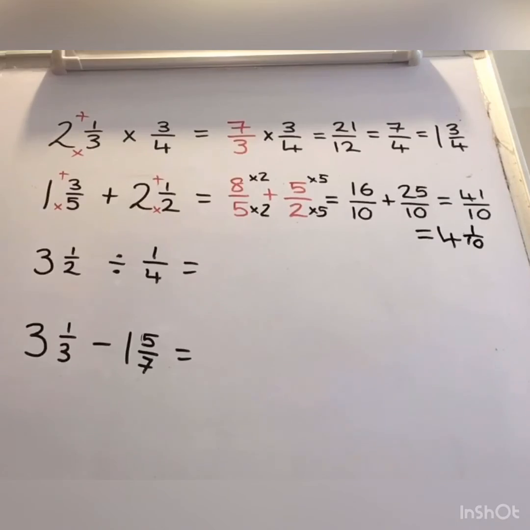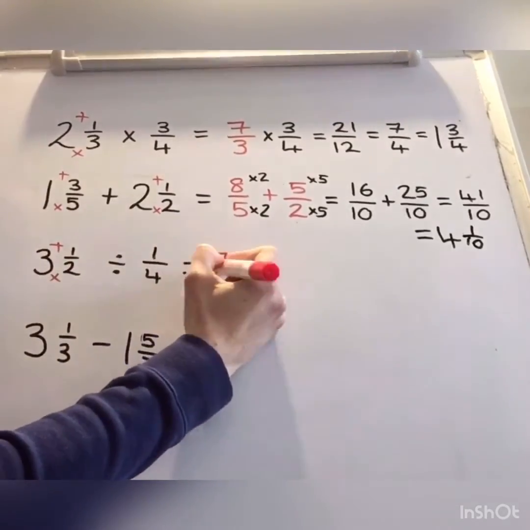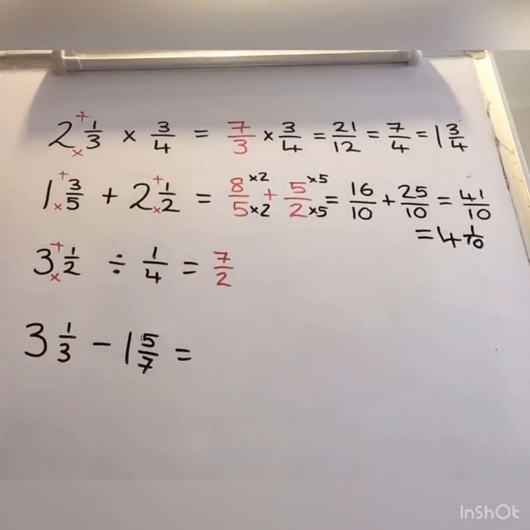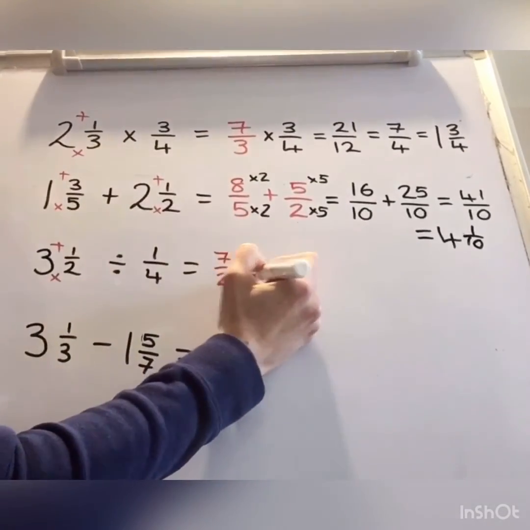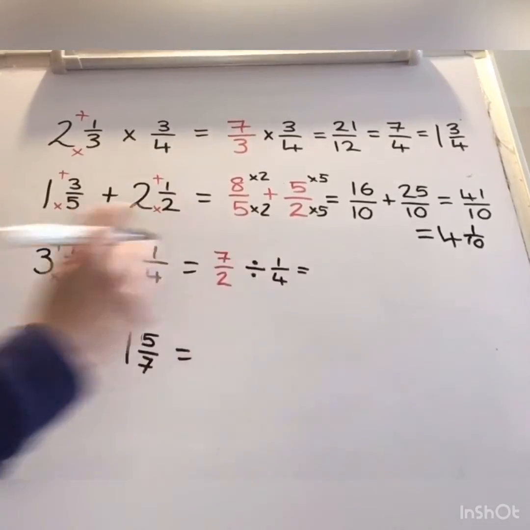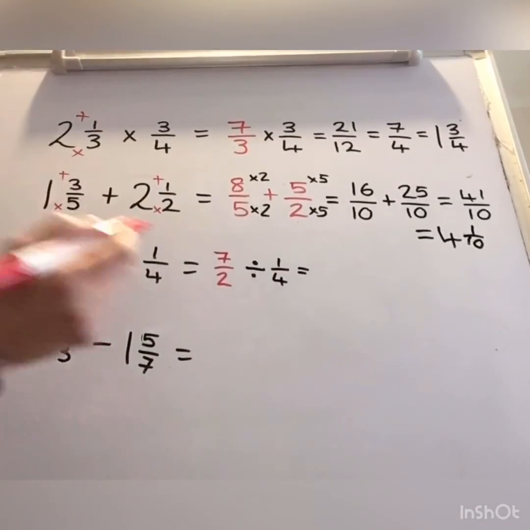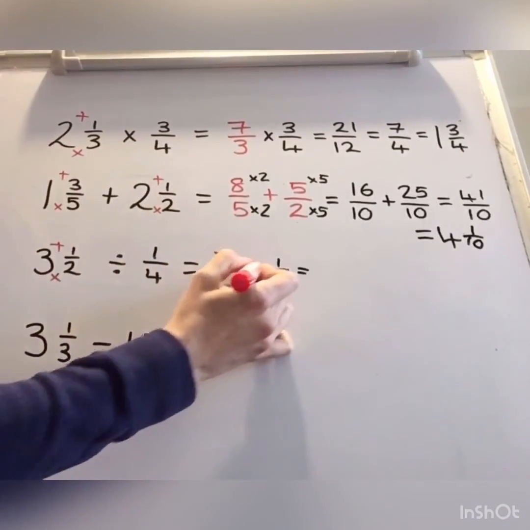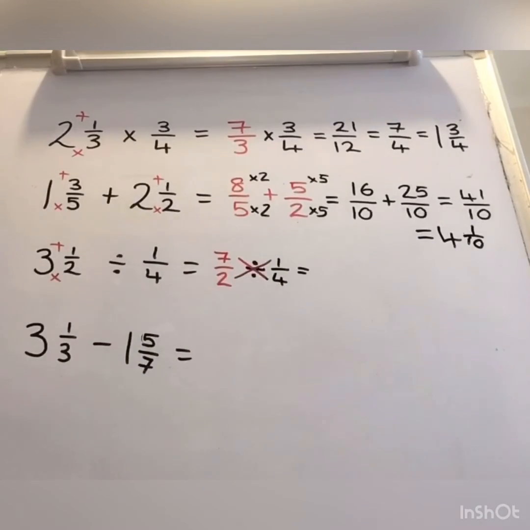Okay, on to the question with the division. Again, we're going to change this mixed number into an improper fraction. 3 times 2 is 6, 6 add 1 is 7. So it becomes 7 over 2, and then we divide it by 1/4. Now remember, when we divide fractions, we don't actually divide, we turn it into a multiply by crossing through and multiplying across the diagonals.